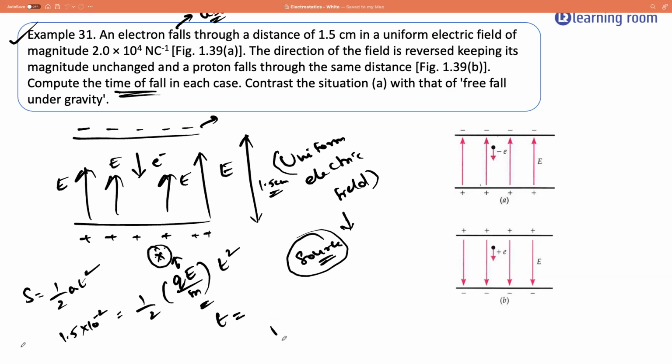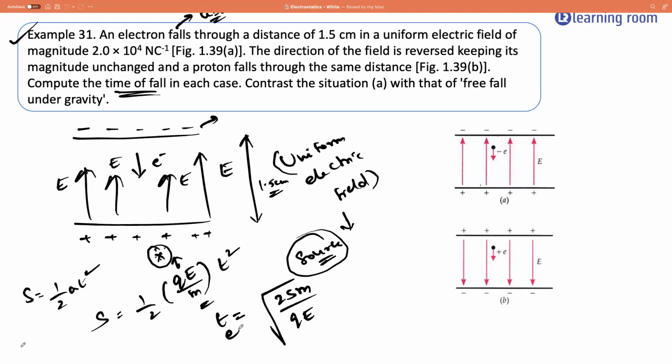So t will be equal to square root of, see, for example, if I leave it as S itself, I'll tell you how to think. Suppose I leave it as S itself. Can I say it is going to be root of 2 into S into m divided by Q into E? This is the time taken by the electron. Guys, are you able to understand?